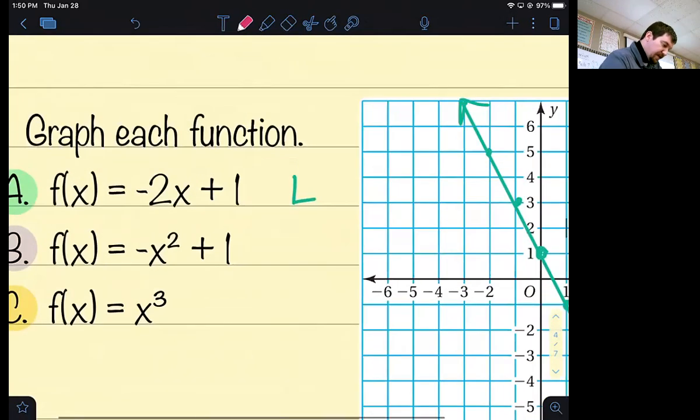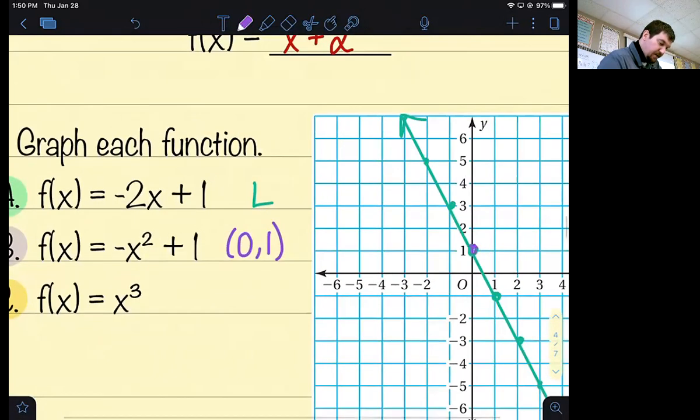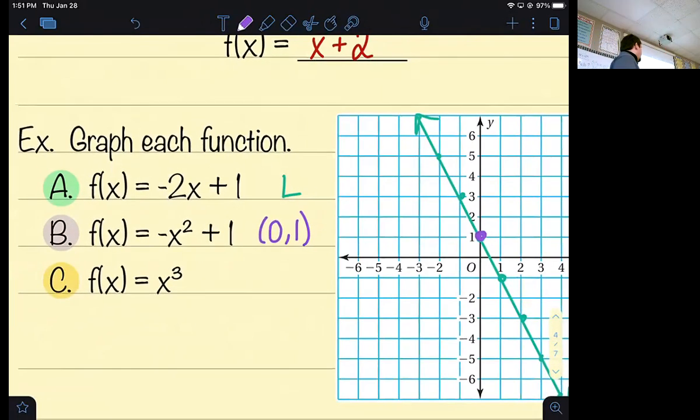So when I plugged in 0 for x, it outputted the number 1. So I know that it's going to go through that point there. Let's skip ahead. Let's input 2. If I input 2, what's 2 squared? Make it negative. Negative 4 plus 1. Negative 3.